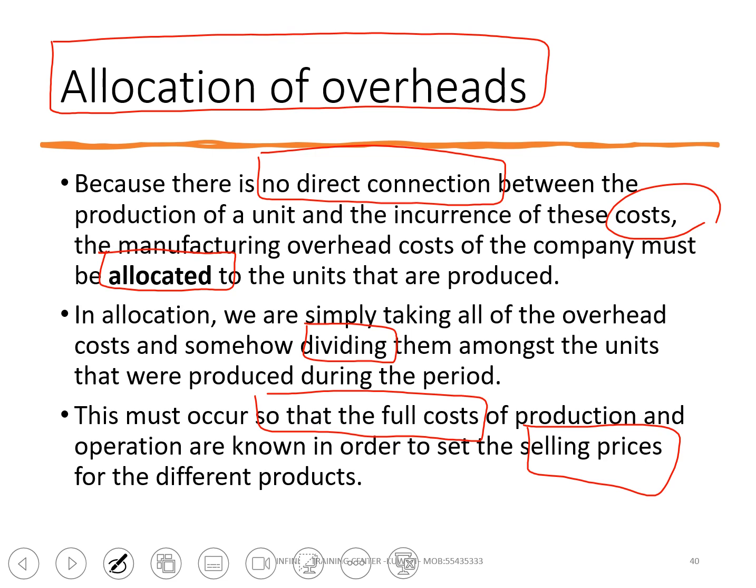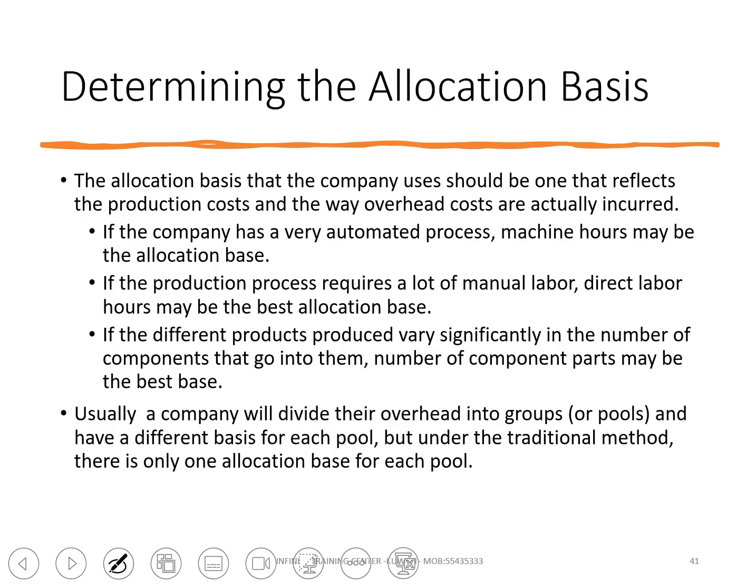We have to divide all the cost by the number of units produced, then we will get the total cost per unit, and based on that we can set the price for the product. So to do this, we have to find out what is my allocation basis.